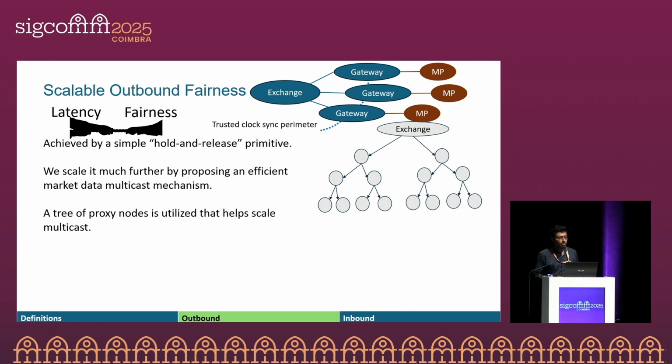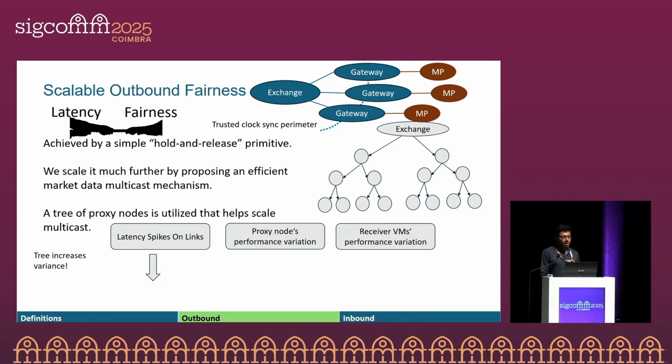But of course, adding more components in the path between the exchange server and the market participant also increases the latency and the variance of when that data will get to the market participant. So here we have a bunch of techniques that allow us to handle this variance. I won't be going into detail on each one of them, but to handle latency variance on the individual links in the path, we use packet spraying.